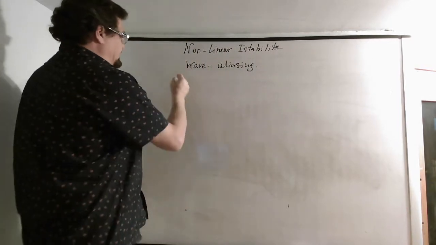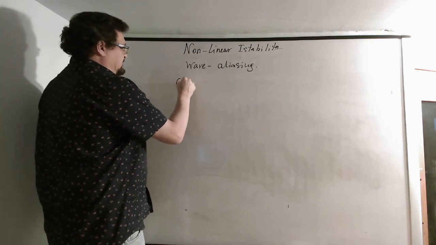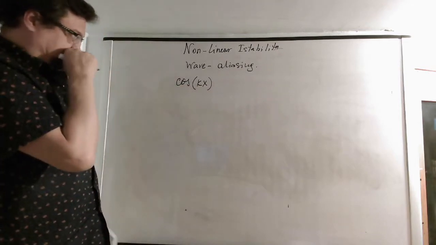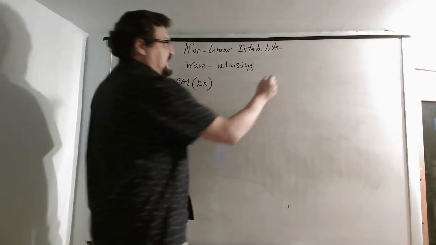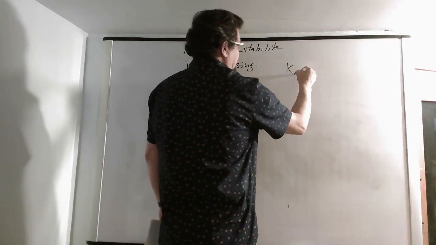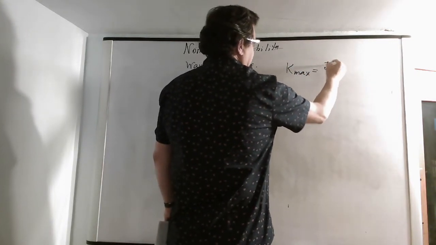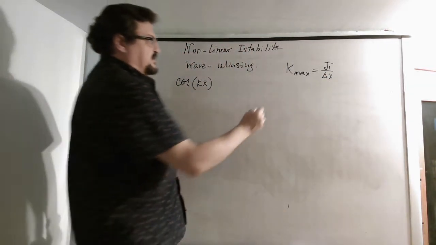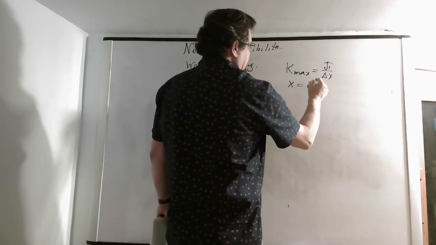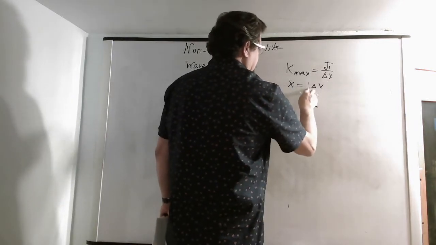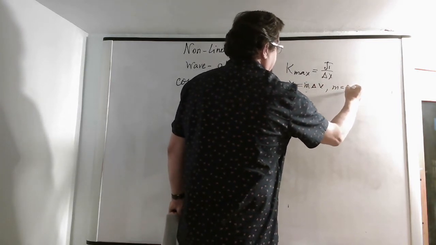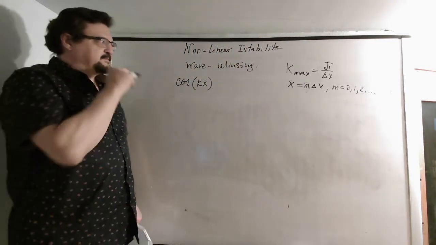Let's say that we have some cosine function with wave number k, cosine kx. Now we have this k max, where k max equals pi divided by delta x. So x equals what? Not i delta x, let's use m delta x, where m is 0, 1, 2, 3, the grid point indices.